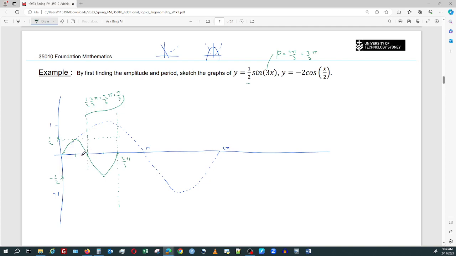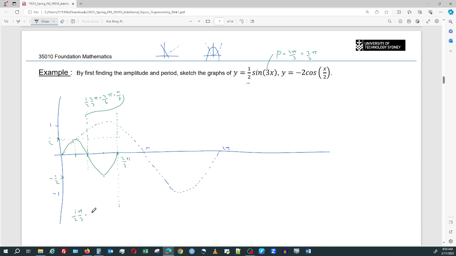Okay. Now, if we go for this one, this is a half of pi on 3. So this one will be here, happening at a half pi on 3. So don't make it more complicated than it needs to be.